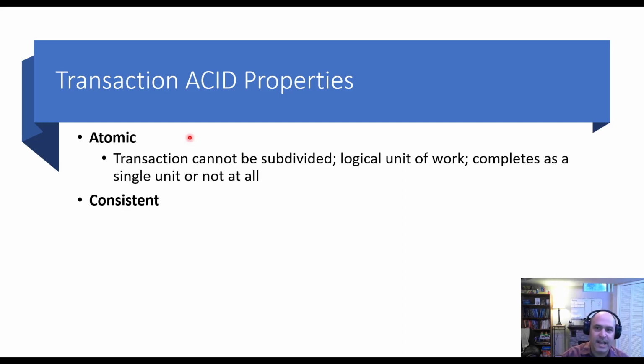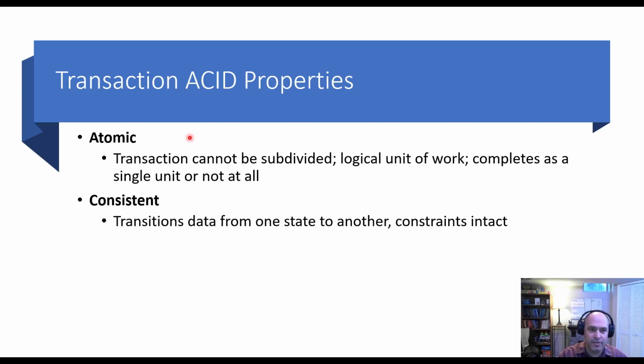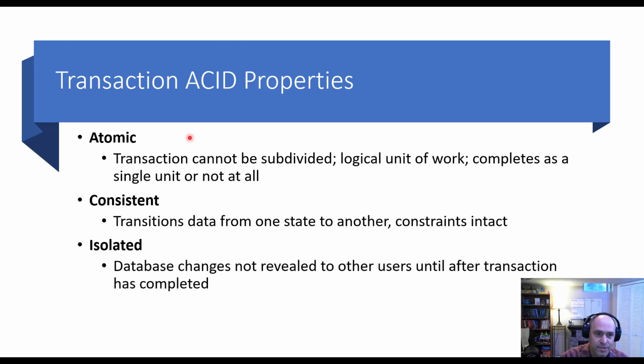Consistent. Transactions from one state to another should survive with their constraints intact. So if a part of a transaction violates an integrity constraint, it will be considered inconsistent and then should just not happen. Transactions are isolated. The world in which that transaction is building out its steps is self-contained and not known to other transactions.